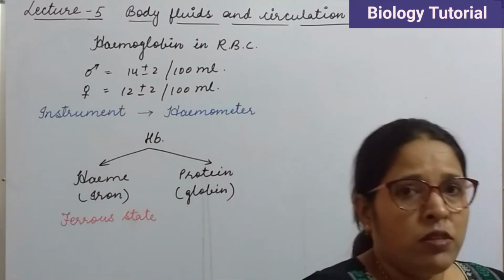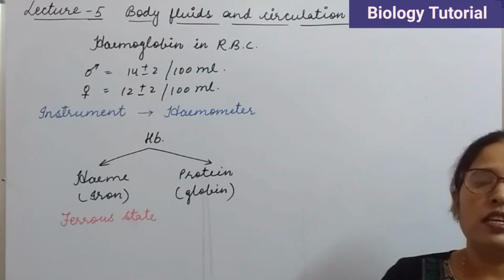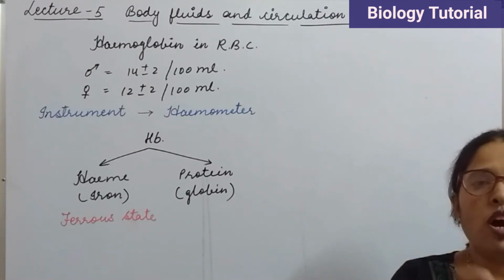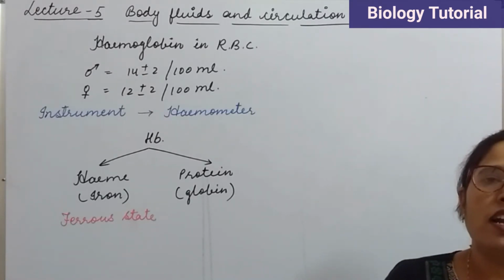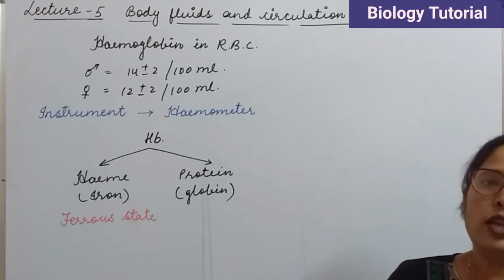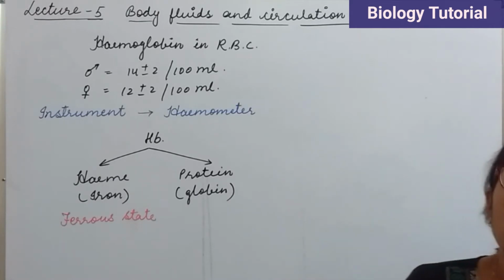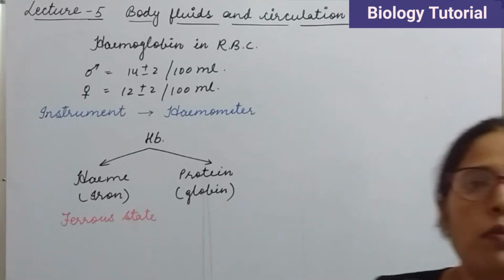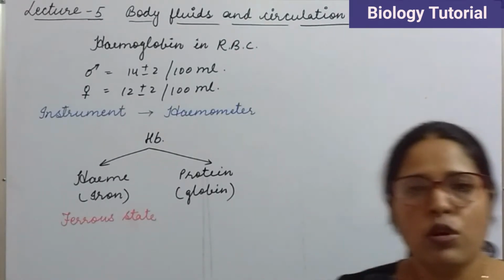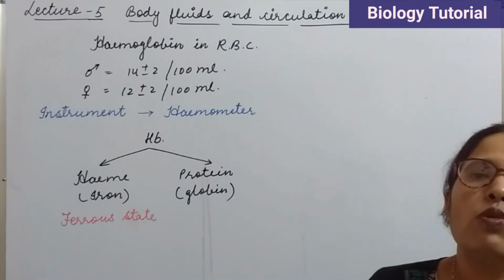Now the amount of hemoglobin in a single RBC. As we know, the mature mammalian RBCs are devoid of nucleus and other cell organelles. They are enucleated, and on maturation the different cell organelles disappear from the RBCs. Why is it so? Because they need maximum molecules of hemoglobin in them.